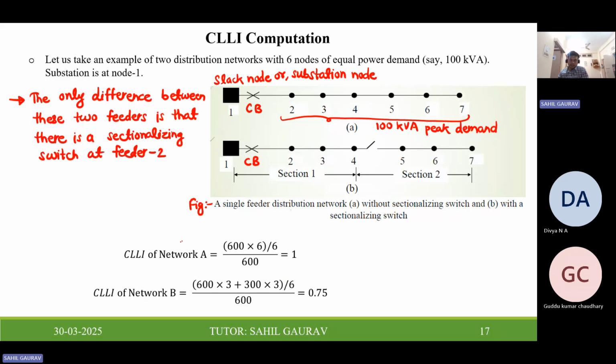So there are two sections. Here you can see one section that contains 2, 3, 4, while section 2 contains 5, 6, 7, and in section 2 we have the sectionalizing switch. It is telling about this figure.